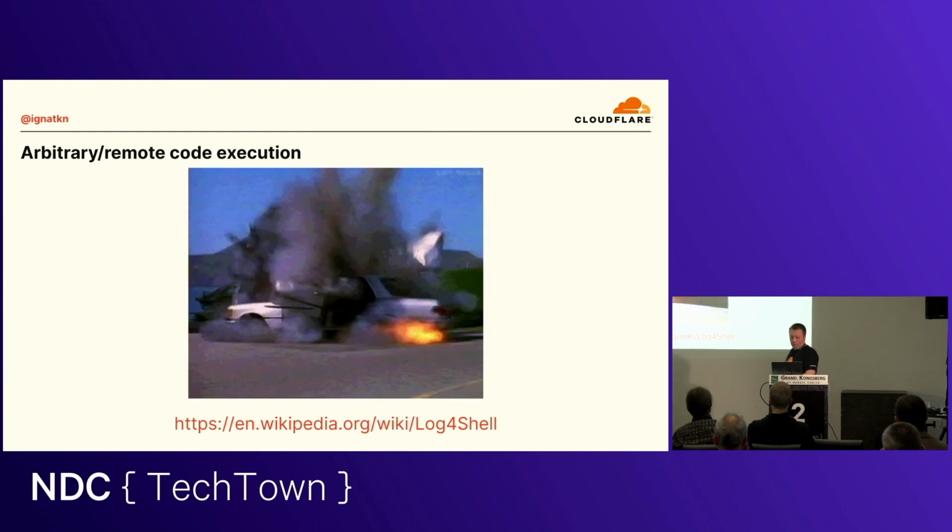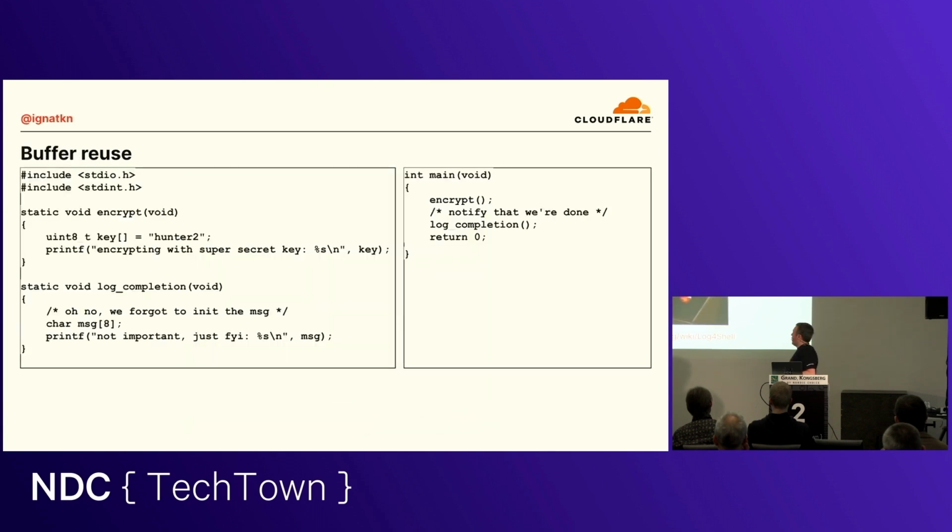One very common way to leak secrets or keys is buffer reuse. Let's consider this very naive program. We have a main function which does encrypt and then logs a result saying that we've done the encryption. It's specially crafted to showcase a problem.